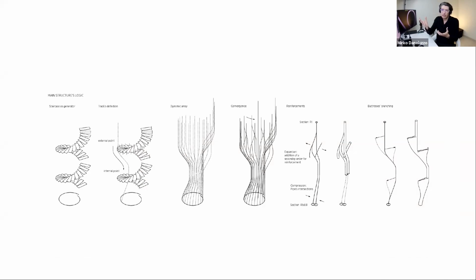Even if the tower itself is an outdoor space because it's not enclosed by anything, the system of these columns was designed to create this interaction between inside and outside, and also a transition between them.